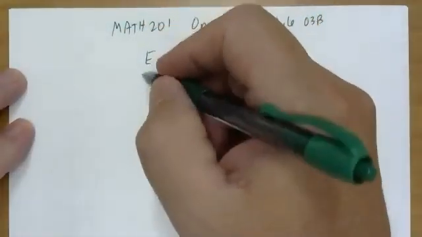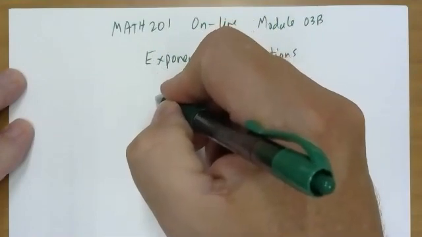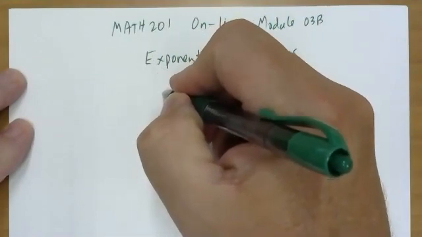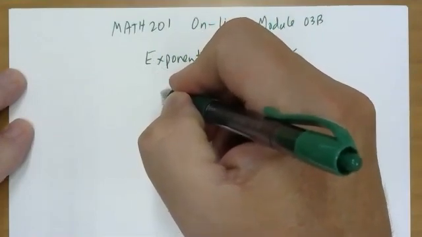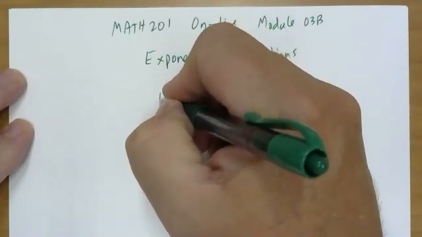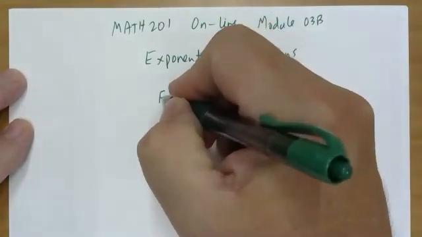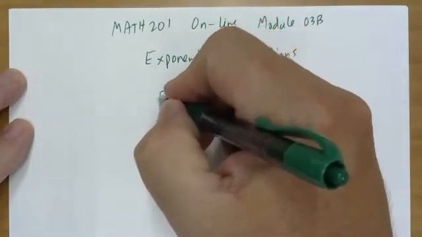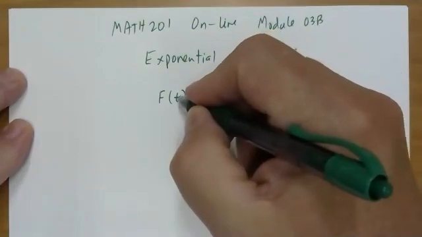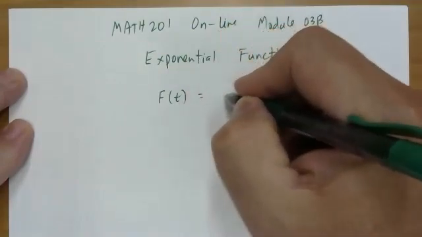For an exponential function, let me write the basic equation, and I'm going to do it in terms of time. My variable is going to be time, so I'm going to call it capital F sub t. So here's a function with respect to time.